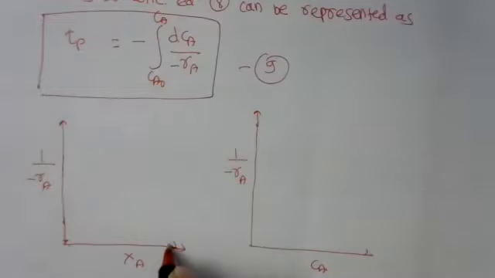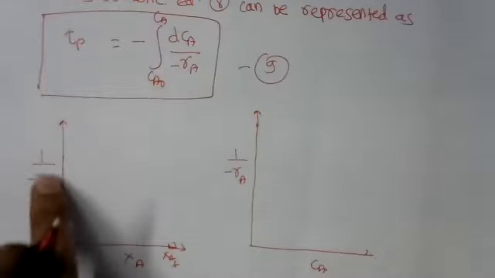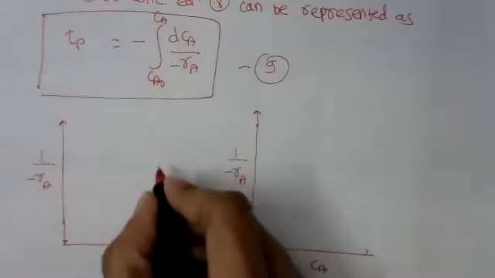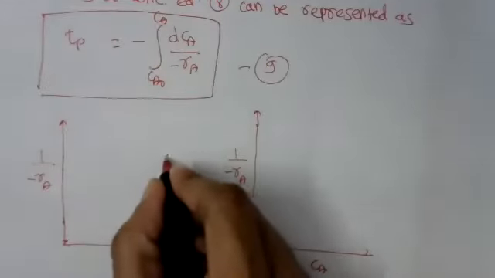Similarly, when the conversion will be maximum, say XA, F, I will call it as final. When the maximum conversion has occurred, that means maximum reactant is reacted, and it means the rate of reaction will be minimum. And when the rate of reaction is minimum, the rate is in the denominator, so the 1 upon minus RA will be maximum.